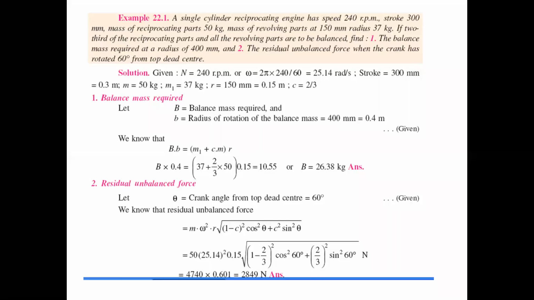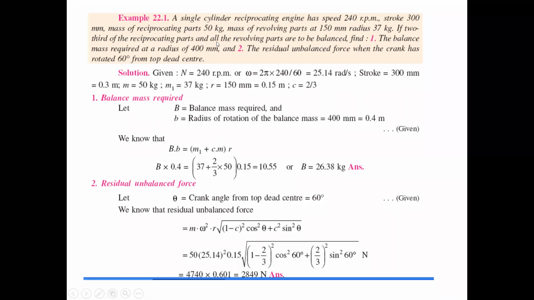Just all of you observe the problem regarding the earlier topic. A single cylinder reciprocating engine has speed 240 rpm, stroke 300 mm, and mass of reciprocating parts 50 kg, and mass of revolving parts at 150 mm radius 37 kg.